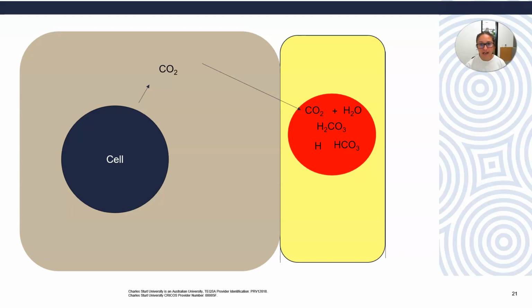So what do we do about it? Well, hemoglobin actually holds on to that little hydrogen so it doesn't float around and stuff up our pH. And then this leftover molecule, which is called bicarbonate, it leaves the red blood cell. And that's how we travel to the lung.